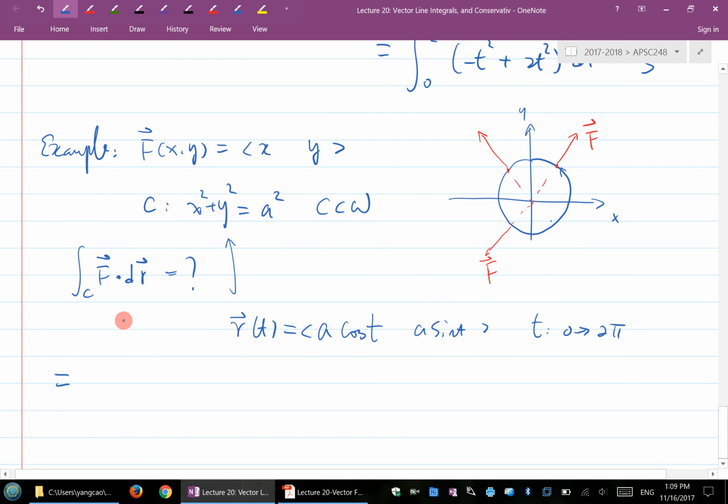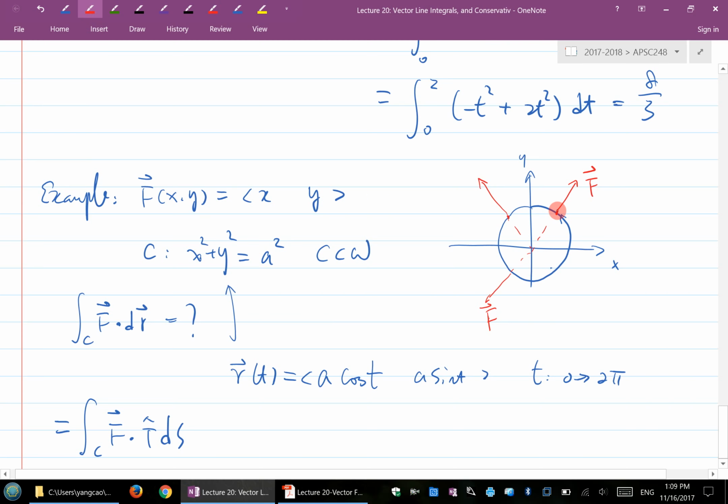For the vector line integral, if I go backwards, I use my most original formula, which is F dot t hat ds. And what's t hat? At this location, t hat is this. T hat is basically the unit tangent vector to the curve C.